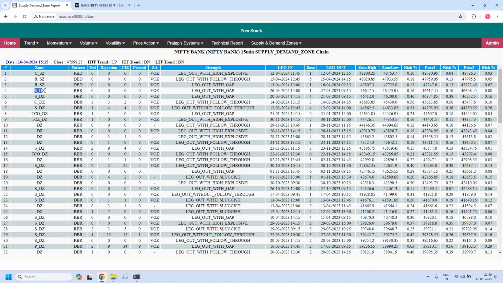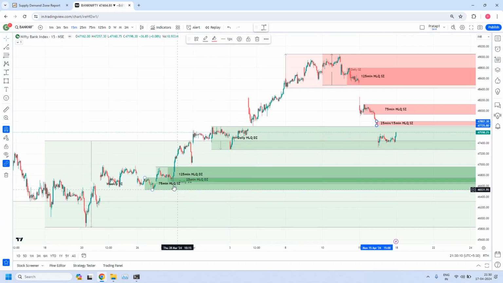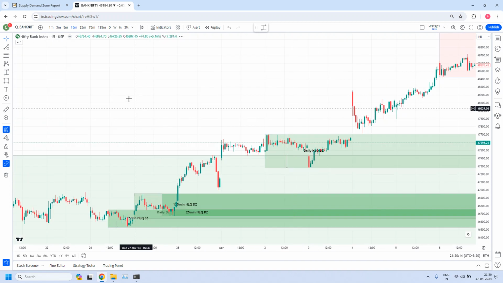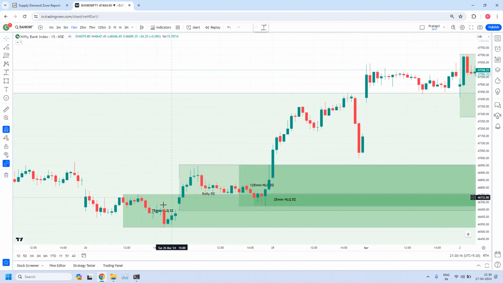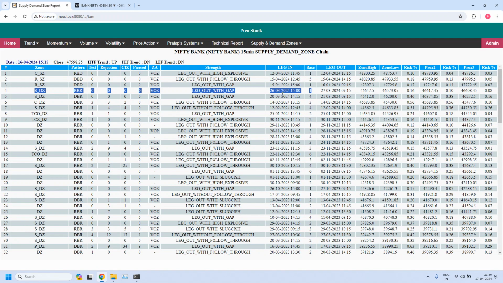And also we have an immediately available high liquidity demand zone. This is on 26/3/15, one base candle. The same thing. 26, not 27. This is 26/3, 15 minutes.